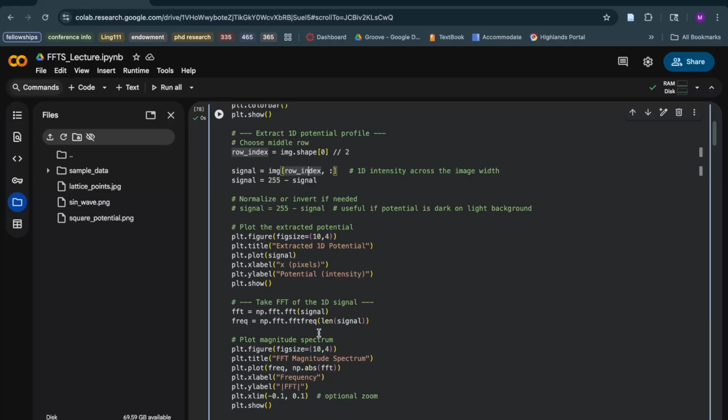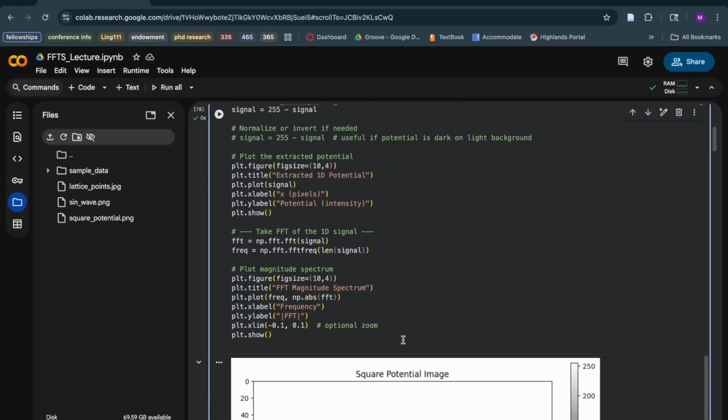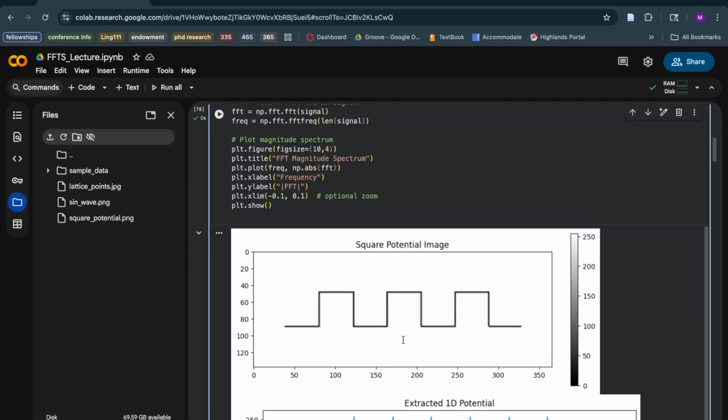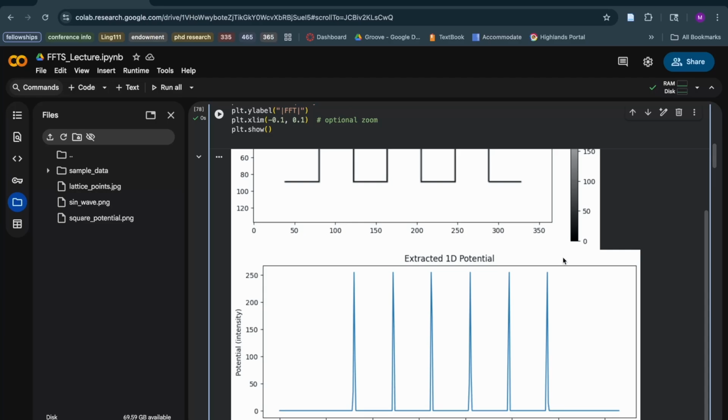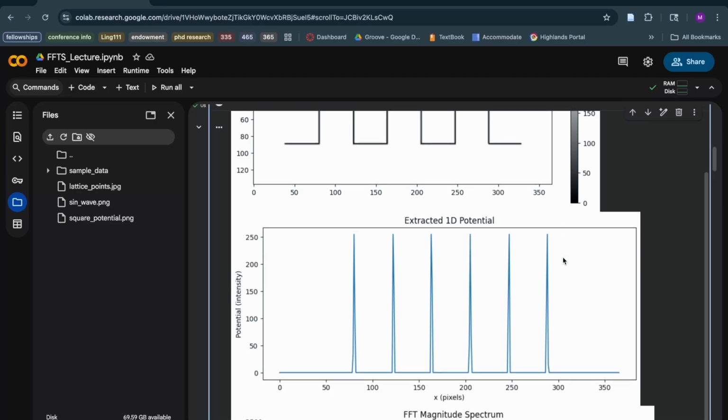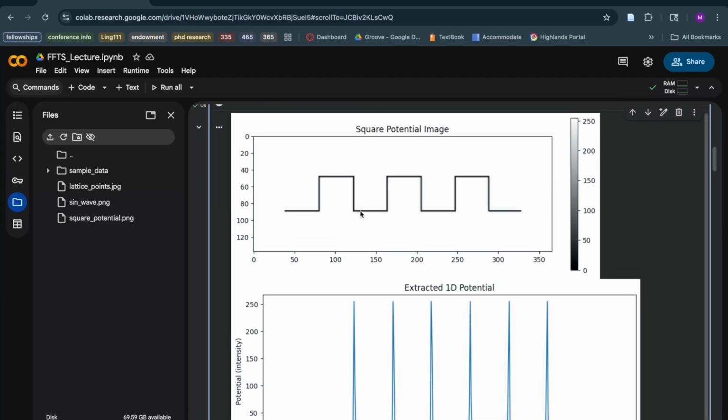So here is what we get from plotting all of those different things. Here's our square well potential, which we've already seen before. Now we actually have 2 more plots. This is the signal. Looking at maybe that middle row, it's going to be somewhere around 60. If you draw a little line across, you see what it'll be analyzing.